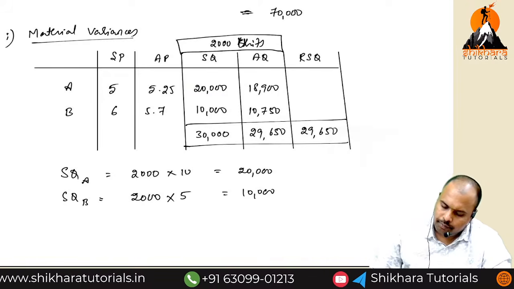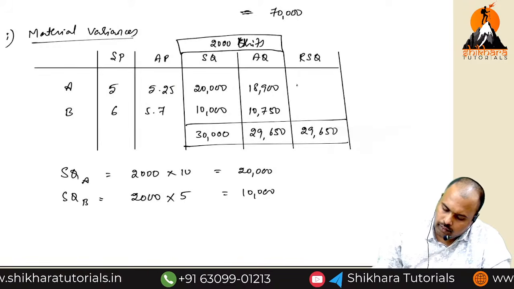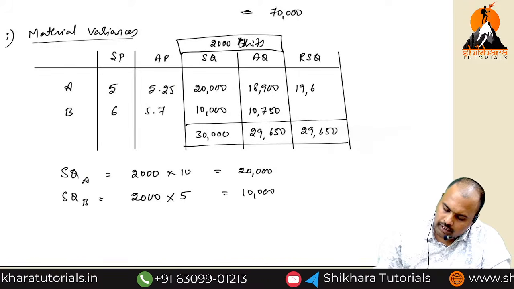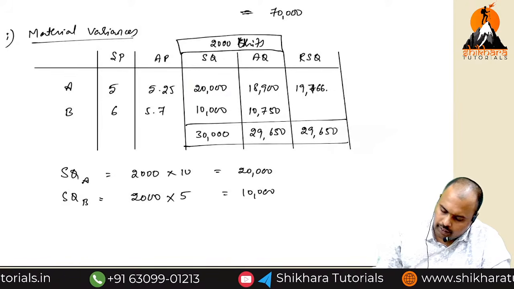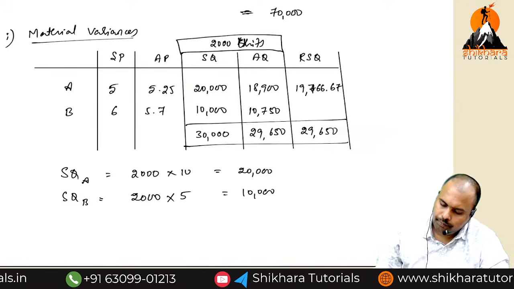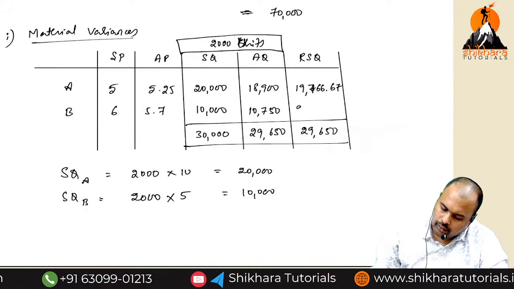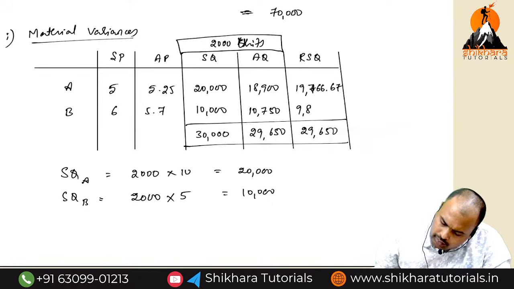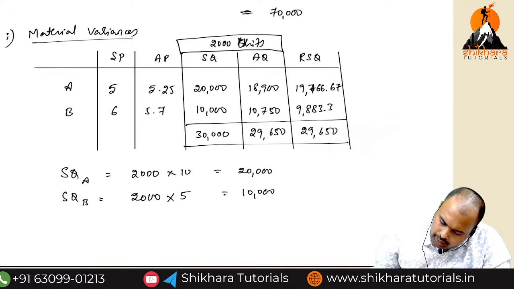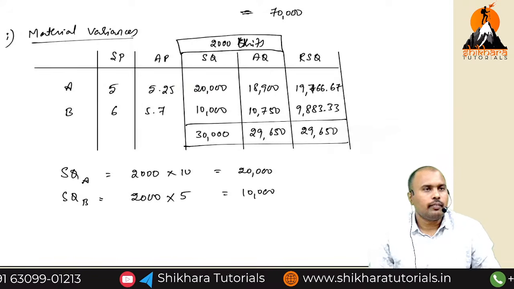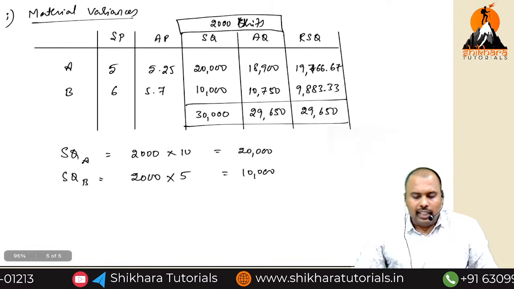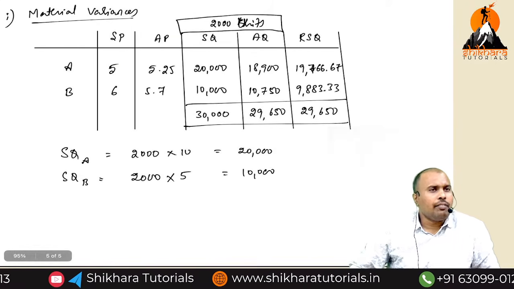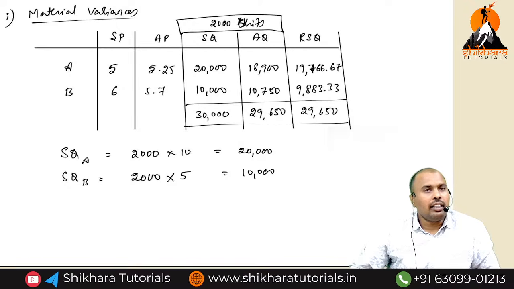How much it is? 19,766.67. Then 9,883.33. Clear?